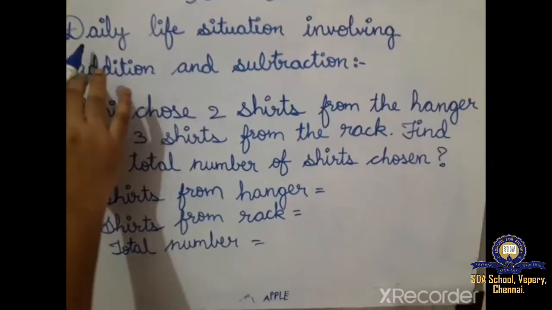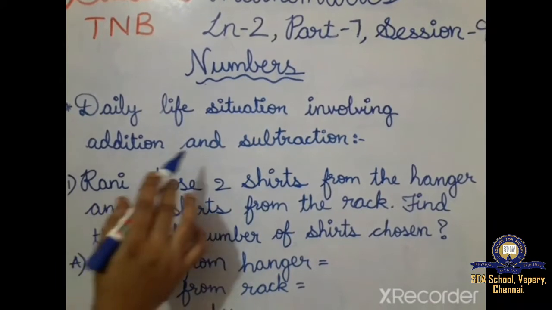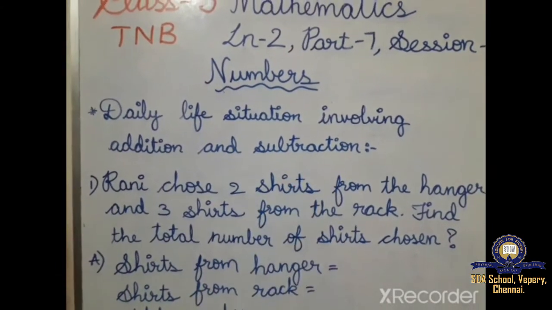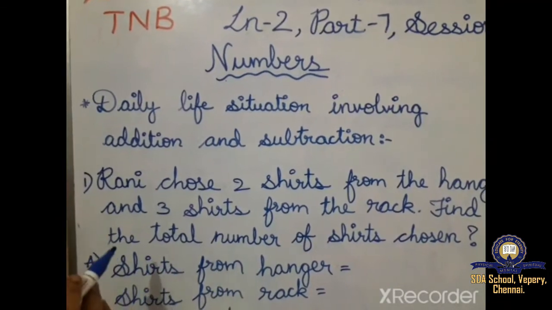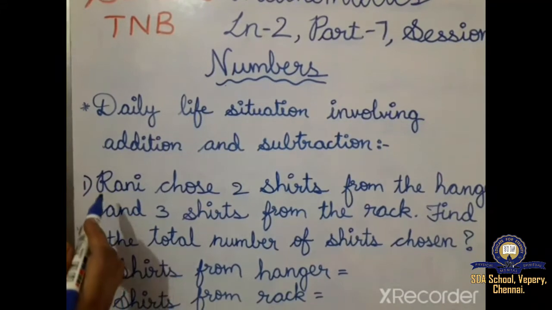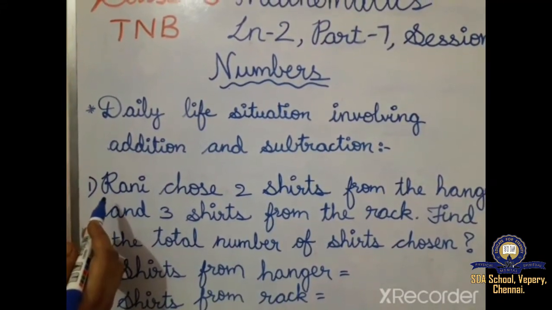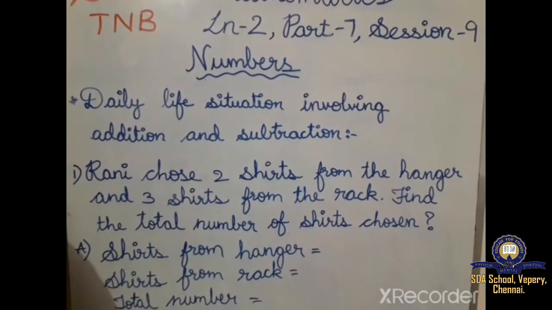The next topic we learned was daily life situations involving addition and subtraction sums. We wrote a lot of sums, right? We saw sums and then answers to those sums. I gave one example and many sums.